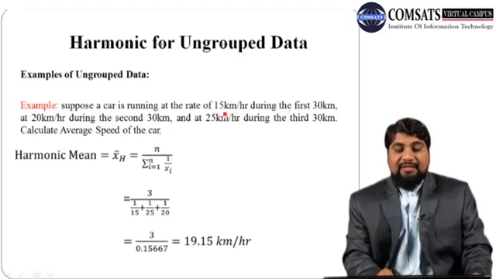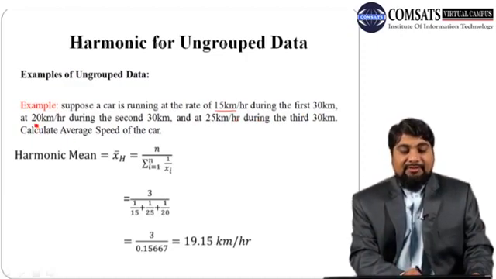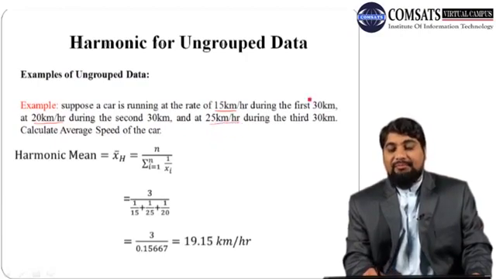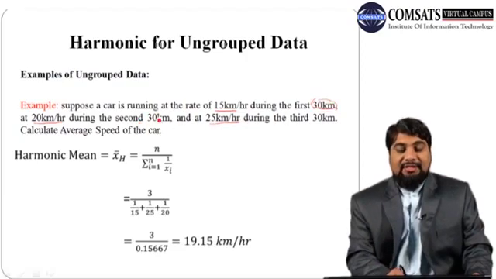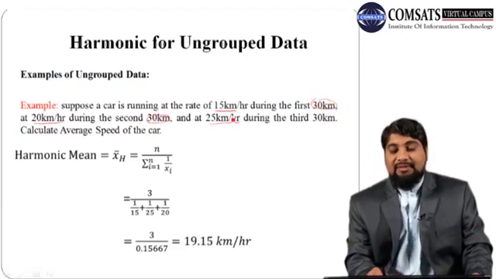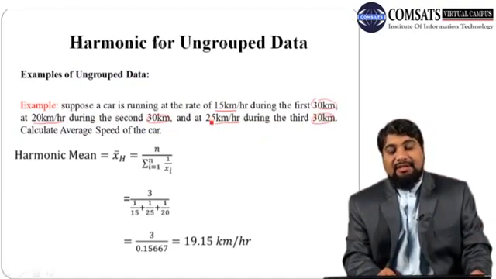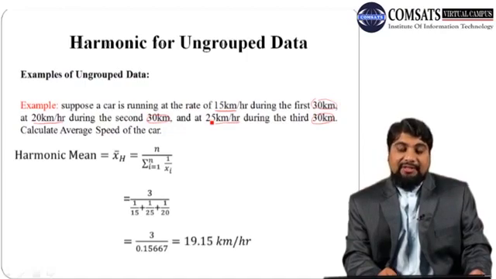So the first speed is 15 km per hour, the second is 20 km per hour, and the third is 25 km per hour. Note that the distance in each case is the same, 30 km, so only the speed is varying.